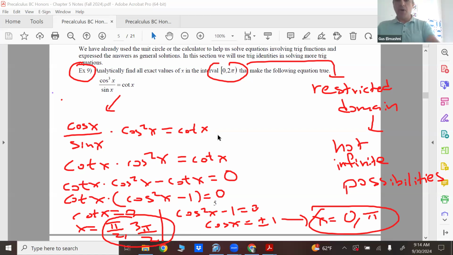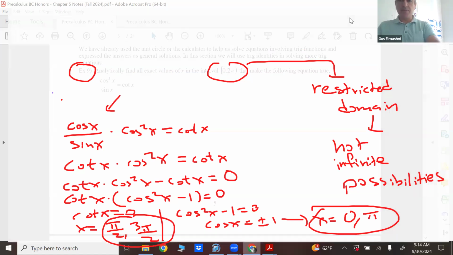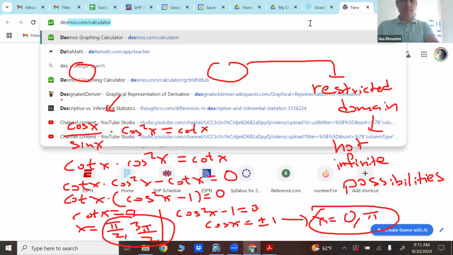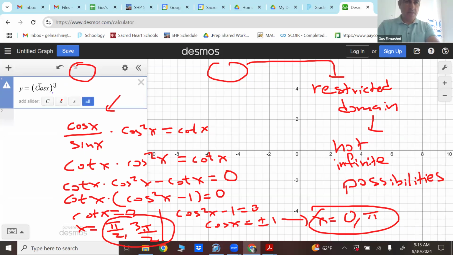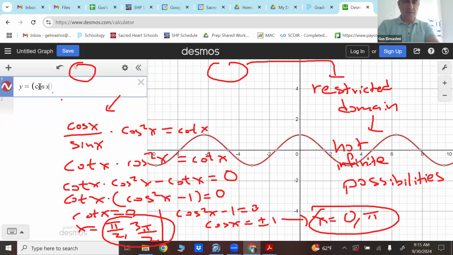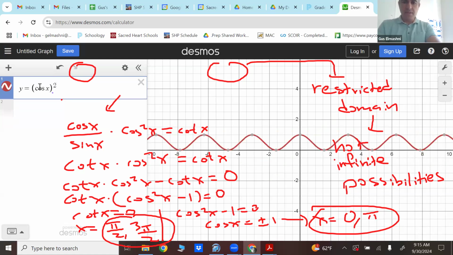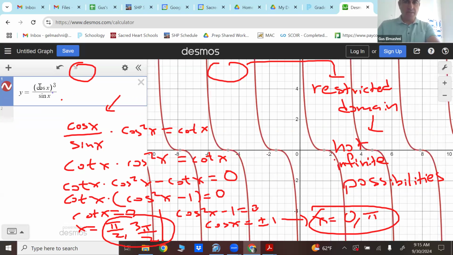And then you could always go to Desmos and do y equals parentheses cosine x raised to the 3rd power divided by sine x.